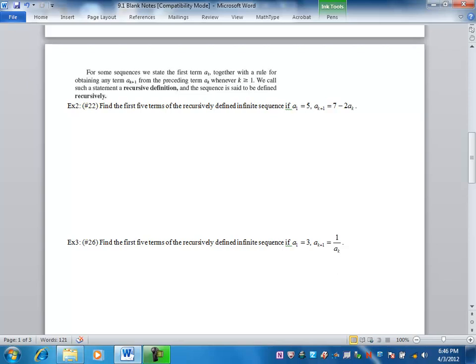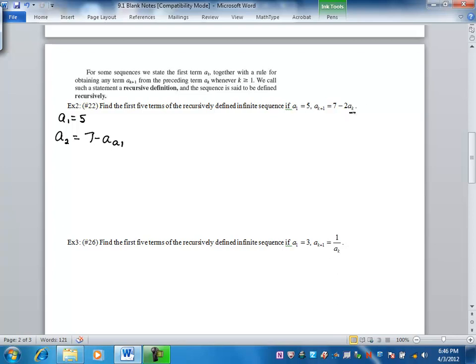We want the first 5 terms of this. Well, a sub 1, we're told, is 5. Now, a sub 2 is 7 minus a sub 1.